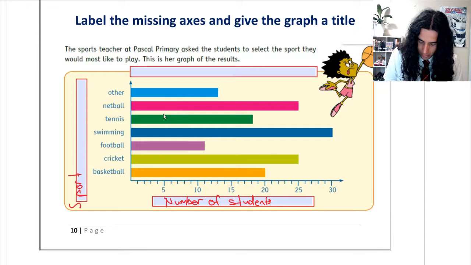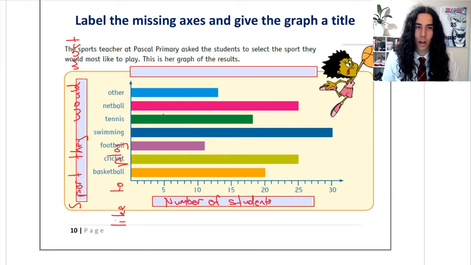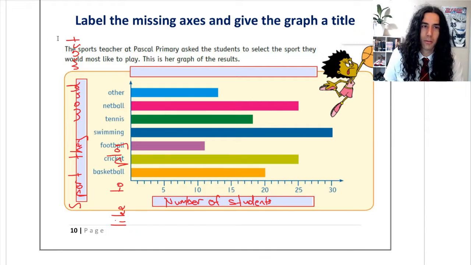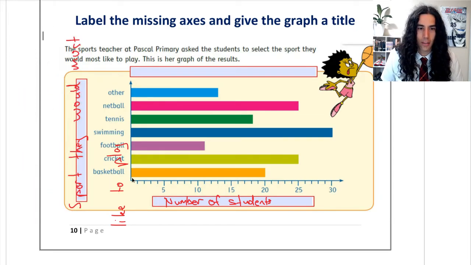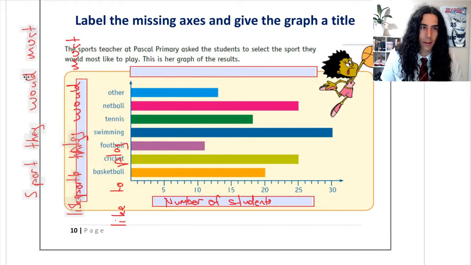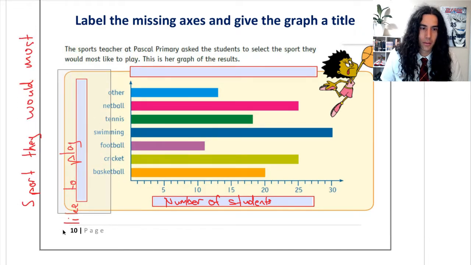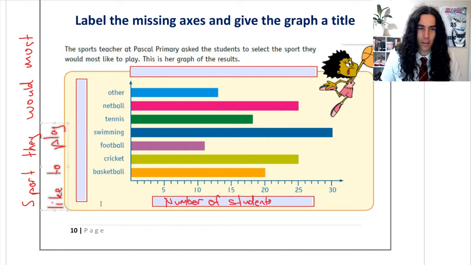Sport they would most like to play. Yeah, this isn't going too well. Well, now that didn't quite go to plan, did it? It was worth a try. I will just move it where you can see it. Even the T didn't go to plan. Oh no, that's it. I'm going to have to work on my sideways tablet writing.